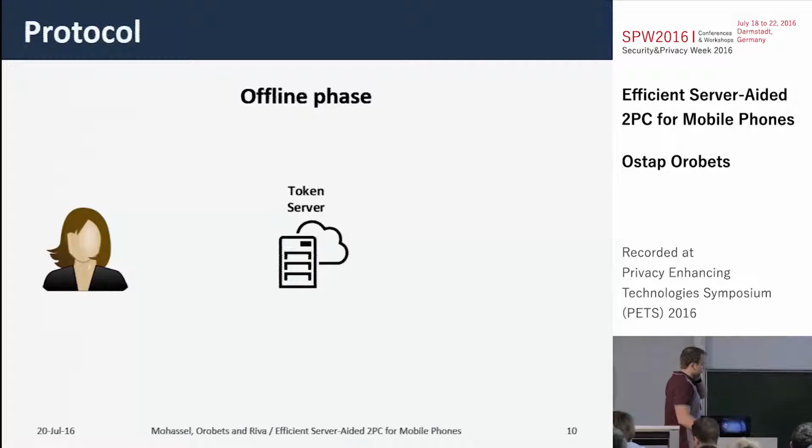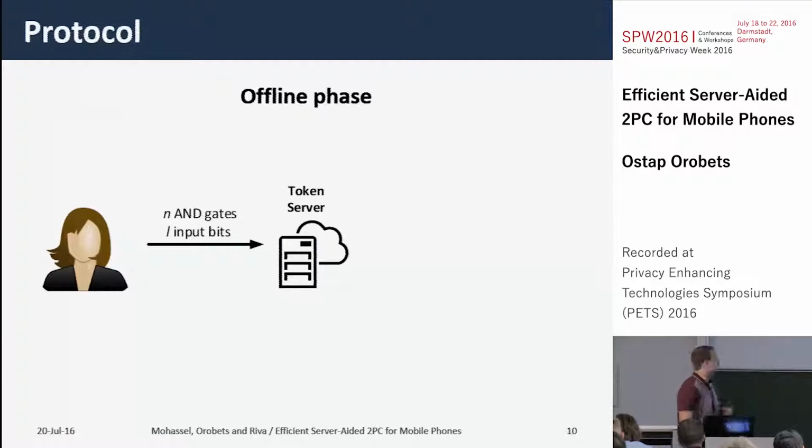Again, it consists of two phases, the offline phase and the online phase. At some point, Alice comes to our token server that distributes those shared random bits. She says, okay, at some point I will do some computation and I will use at most this many AND gates.